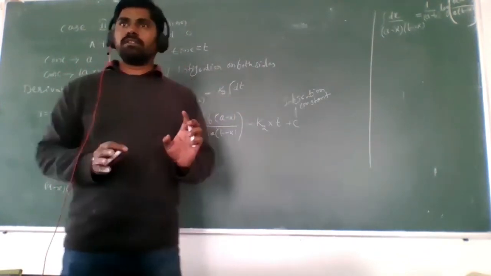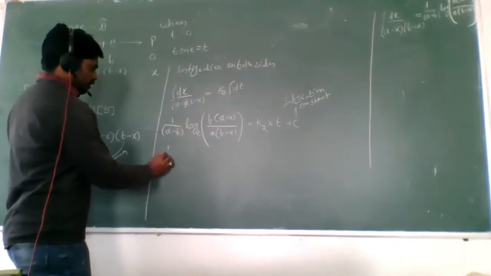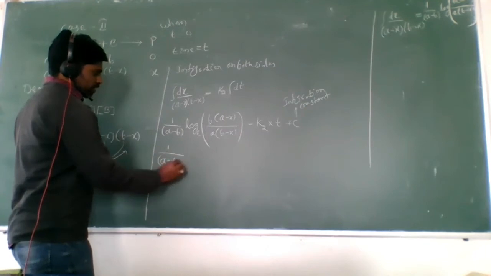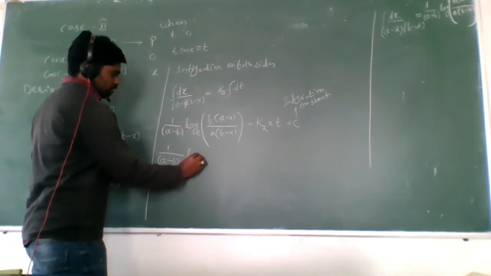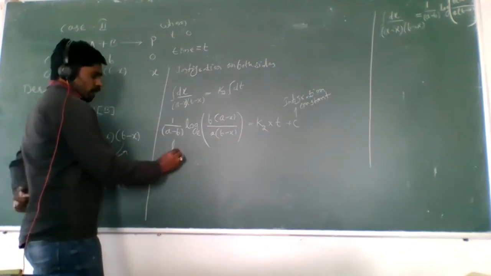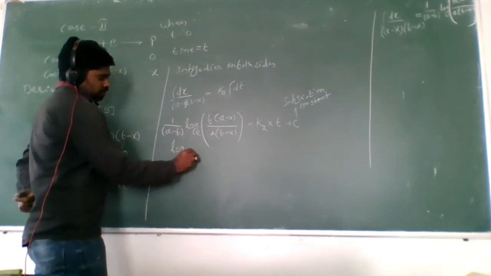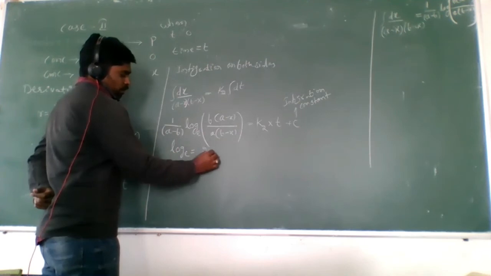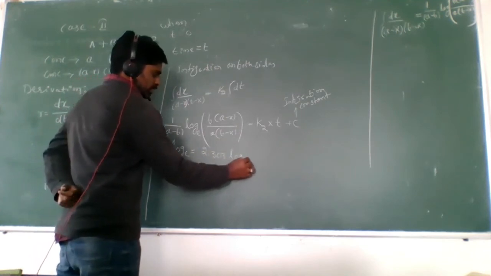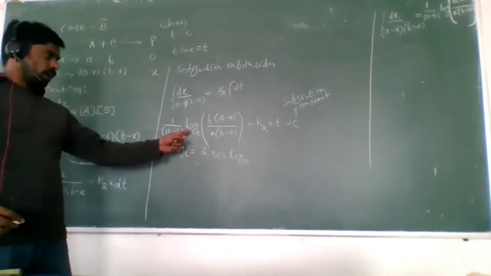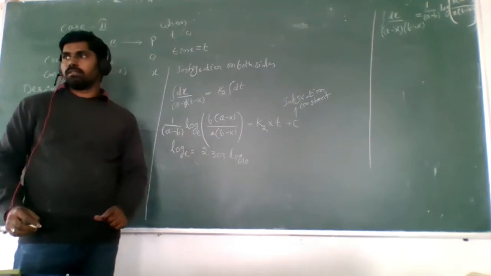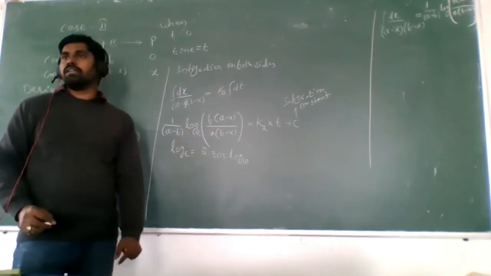Is that clear? Now 1 by (a minus b) log. Now look here: log base e equals 2.303 log base 10. May I write it in place of log e?